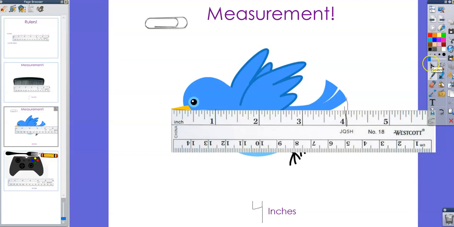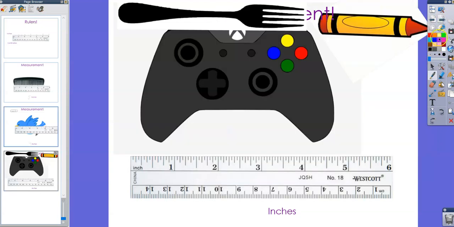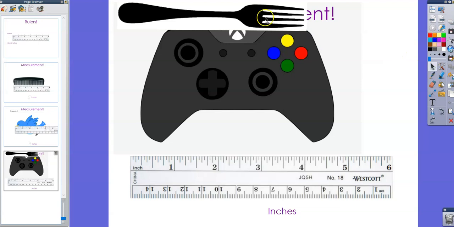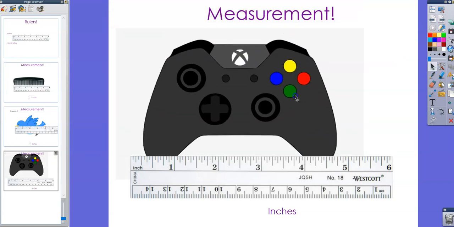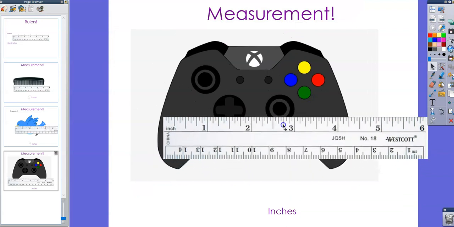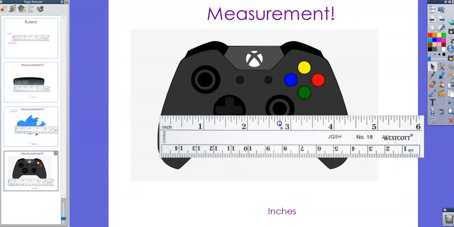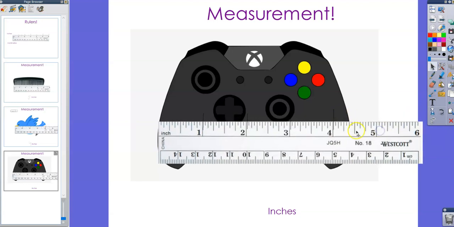Okay? So the only other thing that you're going to see today as you do your own work, and we won't practice this very much, is that you might see things that are sort of in between. So if I take this Xbox controller and I line it up like that, we can count off our inches, and we know this is 1 inch, definitely more, 2 inches, it's definitely more than that, 3 inches, definitely more than that, 4 inches, and then we get to something like this, where the Xbox is kind of in between.